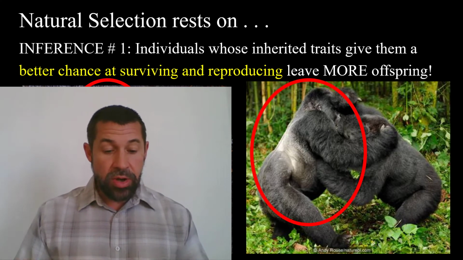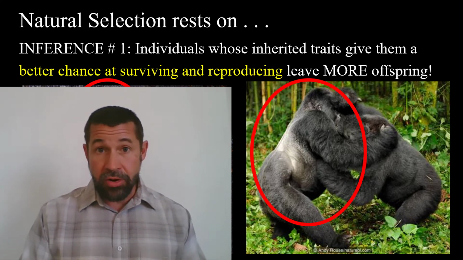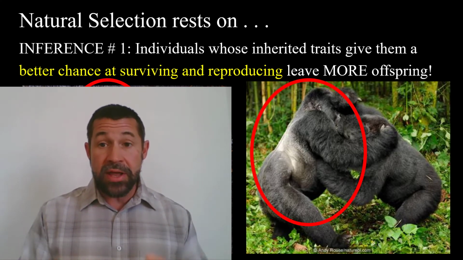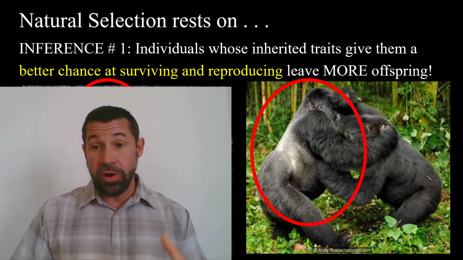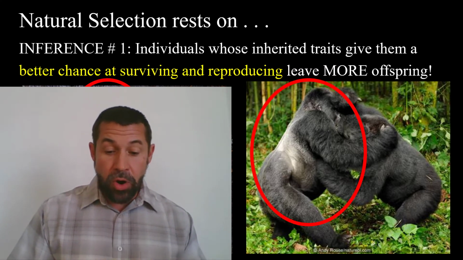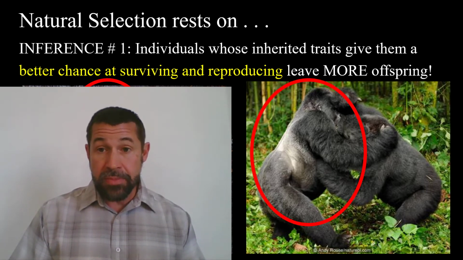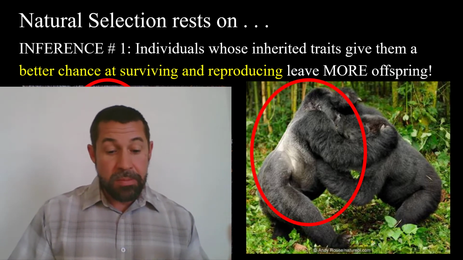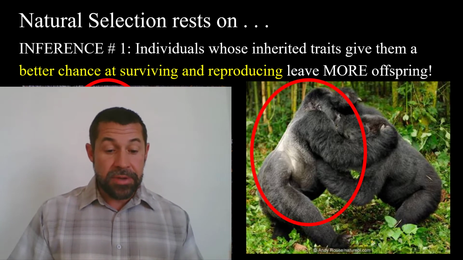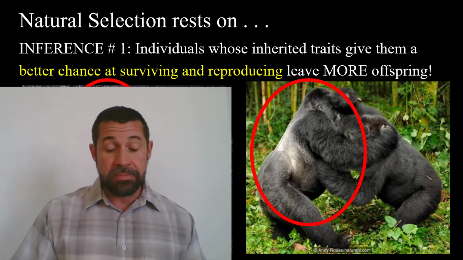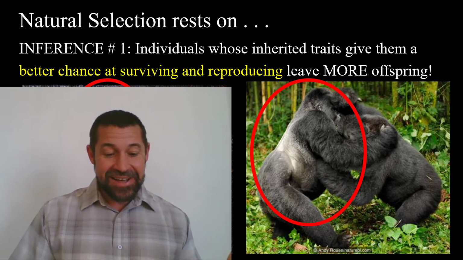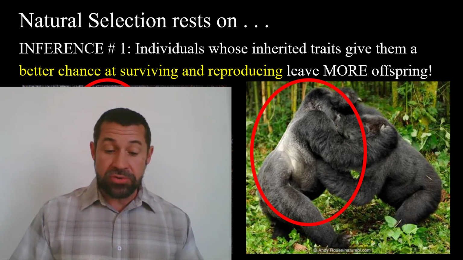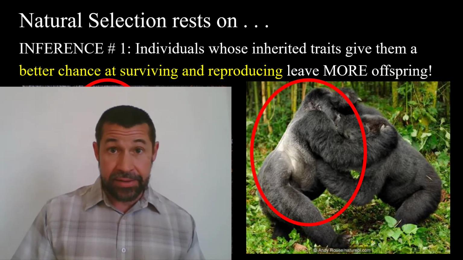So for now, this dominant male is the male in this troop that is passing along his genes. The smaller, younger, subordinate male that he's wrestling with may or may not become the dominant male and end up passing along his genes. So that said, it's not always about strength and size.